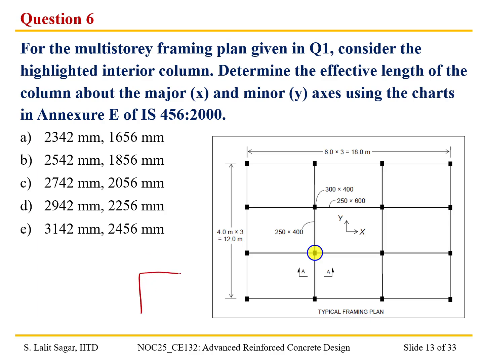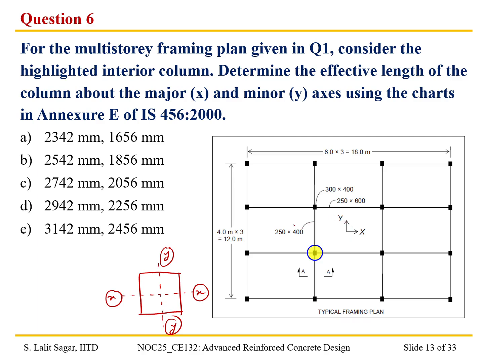We call the stronger axis the major axis, because the depth is 400 millimeter here and bending about this axis is more difficult. So the x-axis is the major axis and y is the minor axis, which happens to coincide with our global axis.